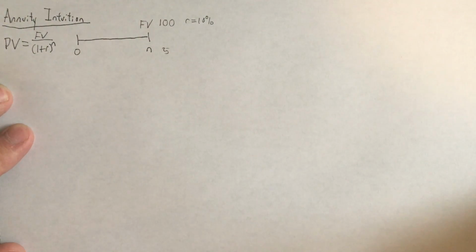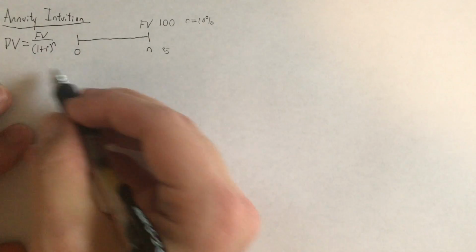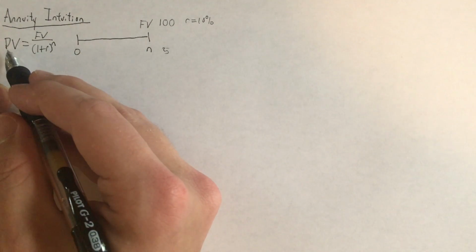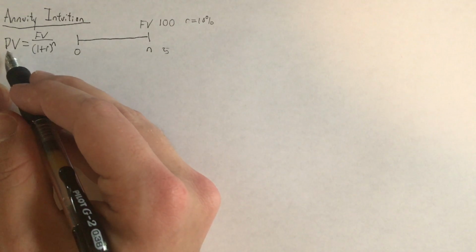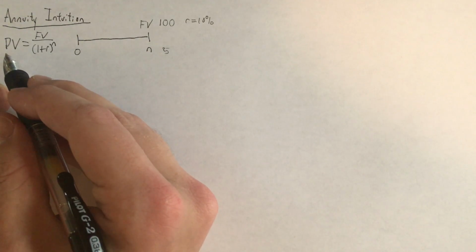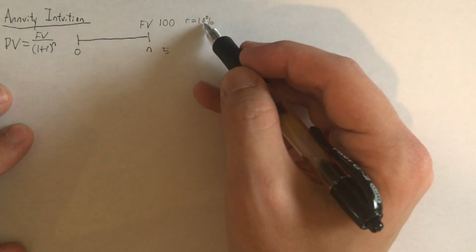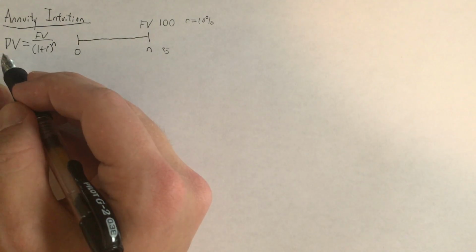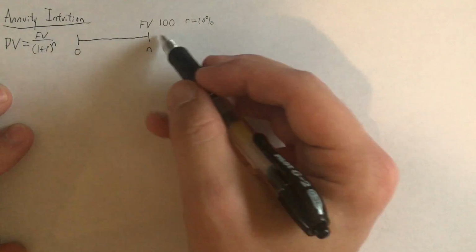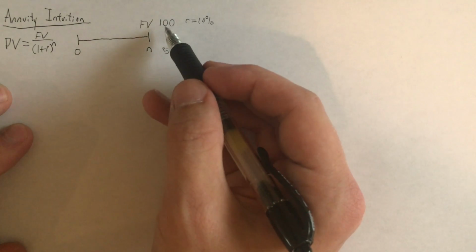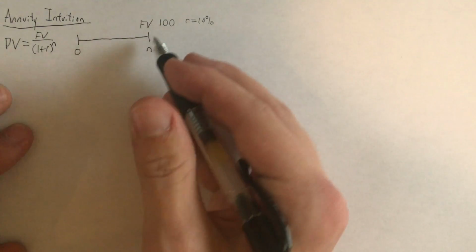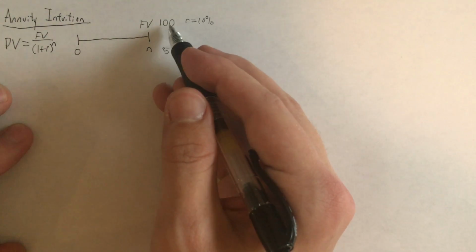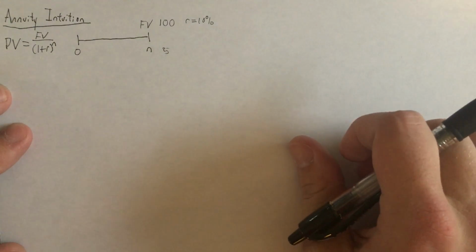You can plug the numbers into this formula, and whatever comes out for the present value will be the amount you have to invest right now at a rate of 10% for 5 years, and if you invest that amount at 10% for 5 years, you will have $100. That's all it's telling you, is just how much you need to invest to achieve this amount, and alternatively, what this amount in the future is worth to you today. So that's the first prerequisite thing you should know.